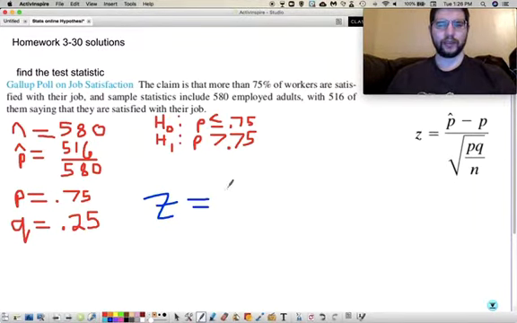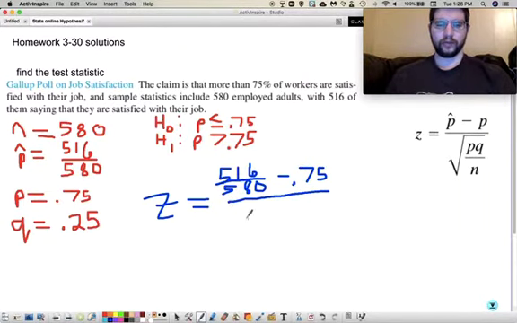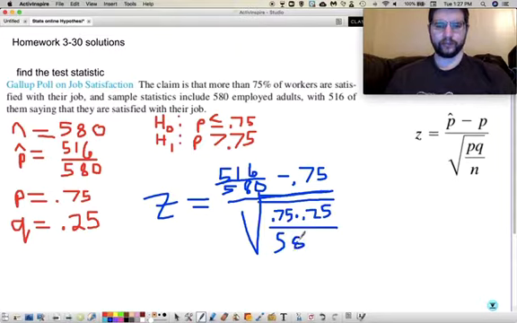So my test statistic is equal to p hat minus p over the square root of p times q over n. And 580. Now grab your calculator.